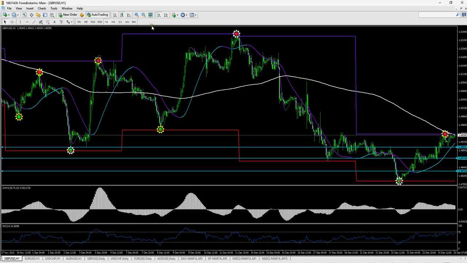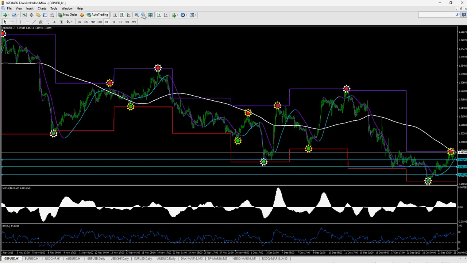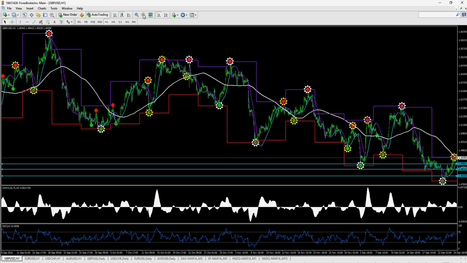We should be expecting at some point a reversal into a long or buy position.